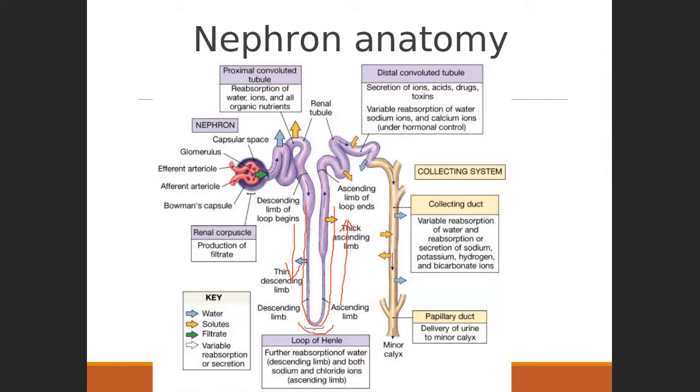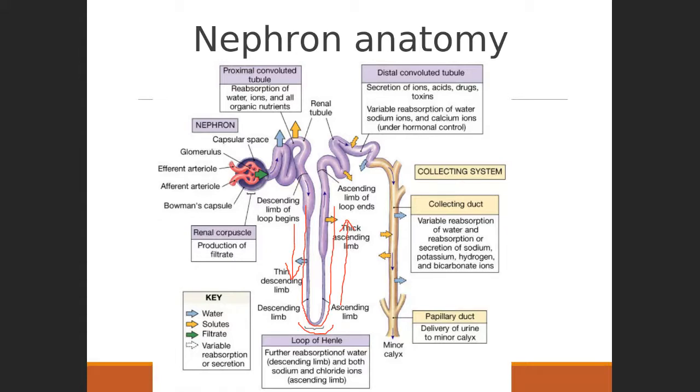We said that we could make some inferences based on which type had which function because of the greater portion of that loop of Henle. We can assume that cortical nephrons are going to be more or less responsible for reabsorption of salt and water in a passive manner, whereas the juxtamedullary nephrons are going to be more geared towards that specific function.